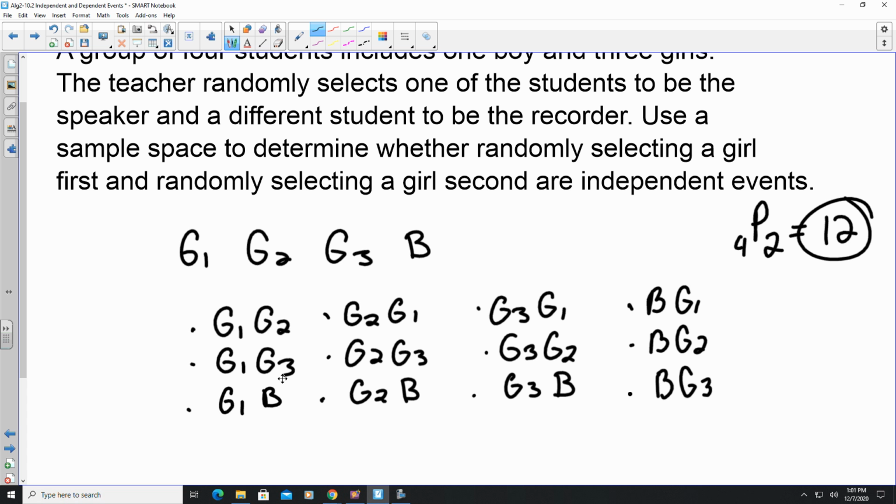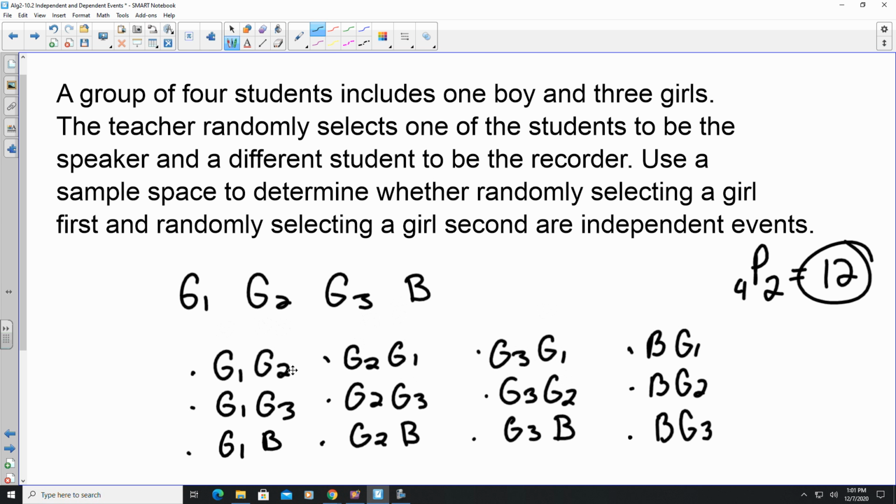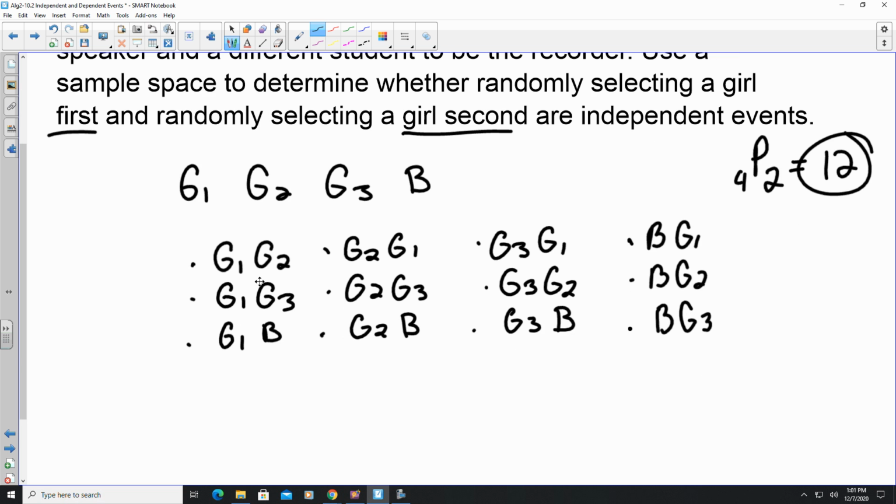The question is to use a sample space to determine whether selecting a girl first and randomly selecting a girl second, what is the probability? So the probability of this, all right, so choosing a girl first, how many different times?